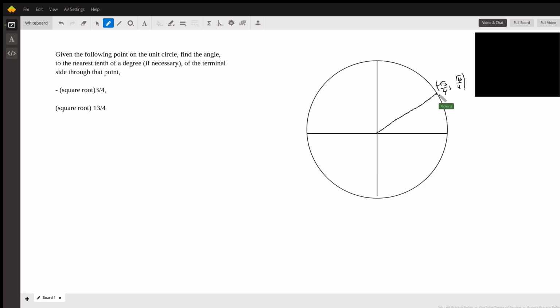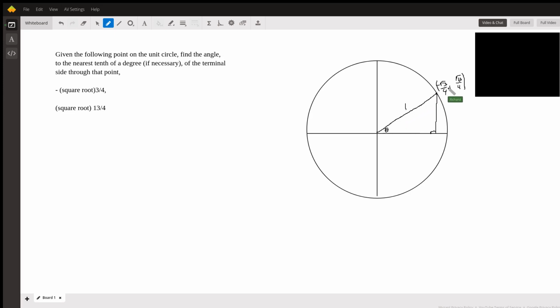If we wanted to think about it in terms of triangles, which I think is the best way to do it, make a triangle out of this. And here's our angle of interest, theta. It's a unit circle, so the radius is 1.